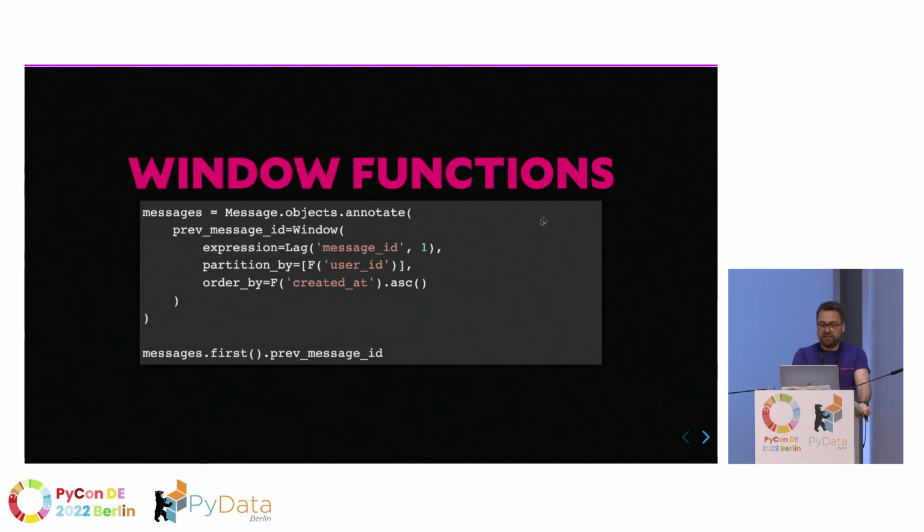What we do here is use a window function, the lag expression, so that the result set is basically shifted by 1, partitioned by the user ID so that you get the previous message from the same user and not from another person's inbox. And we order that by the created date. Now we are able to use our messages variable like this. We can ask for the first message, and on that result, which will just be a record in Django ORM, we can ask for the previous message ID.